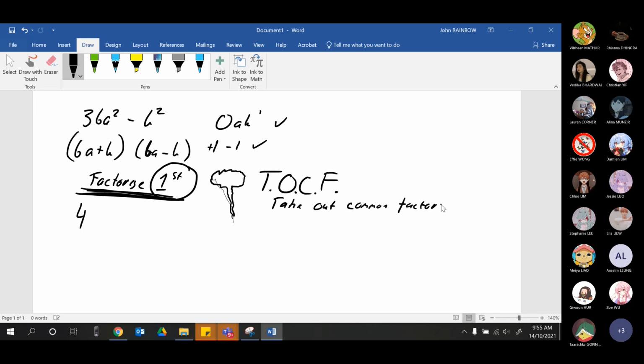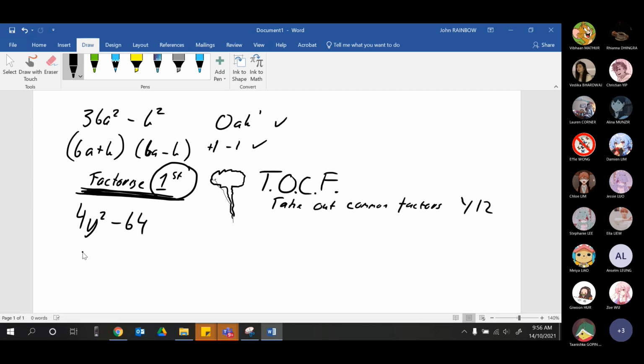That will take you all the way through to Year 12, the whole way through. The first thing. Question says factorise. Oh, can I TUCF? TUCF what? Take out common factors. So if I've got a question like this, I should take out my common factor first.